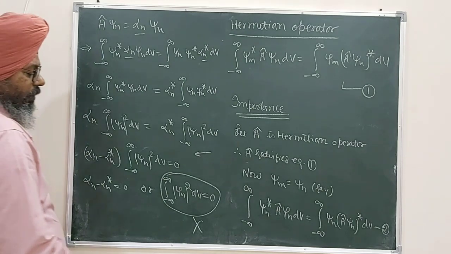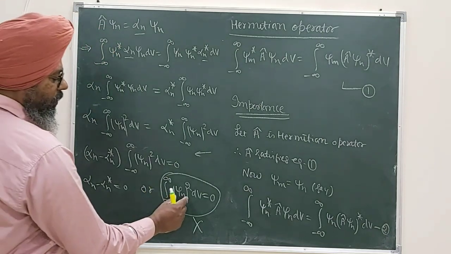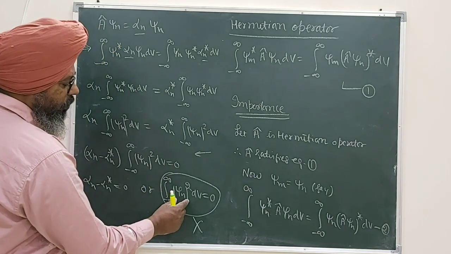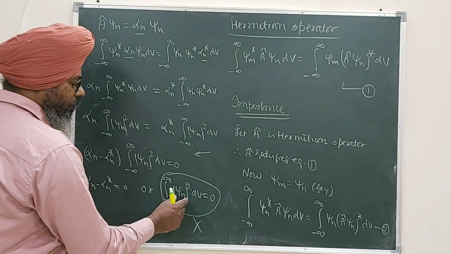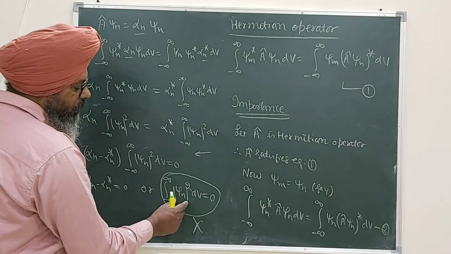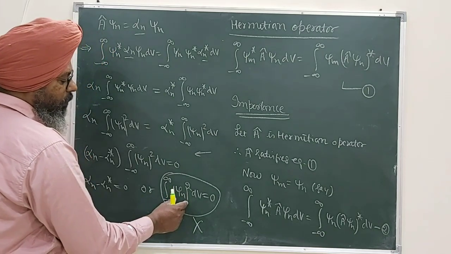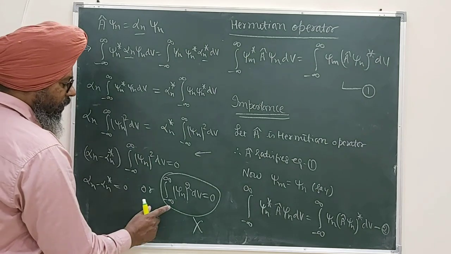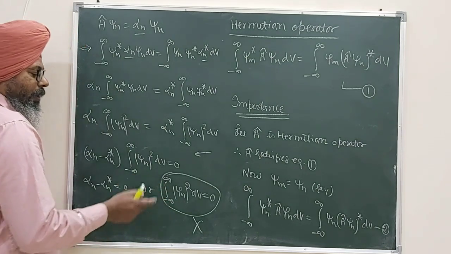I reject it on the grounds, using some logic, that this quantity psi n magnitude square is actually proportional to the probability density, and if it is proportional to the probability density, it is not 0, because the particle is present somewhere in the universe, because the limits of integration are minus infinity to plus infinity.